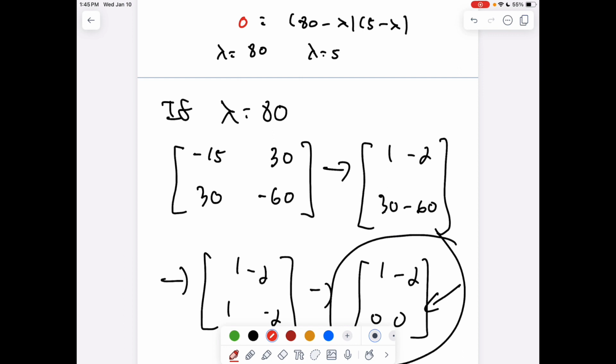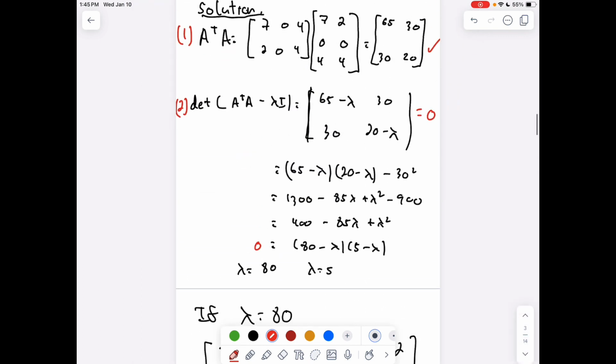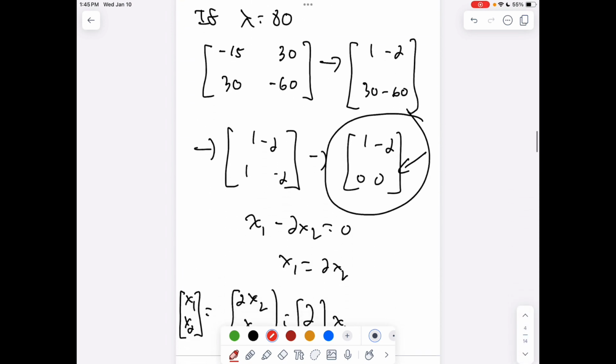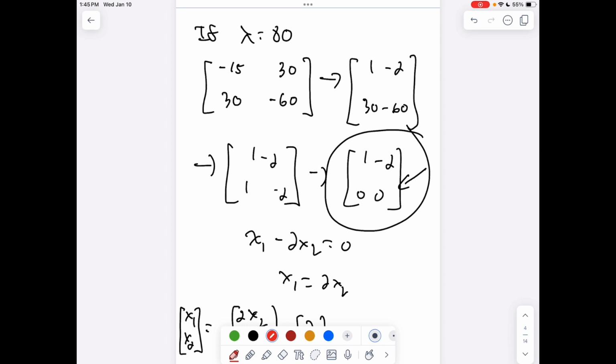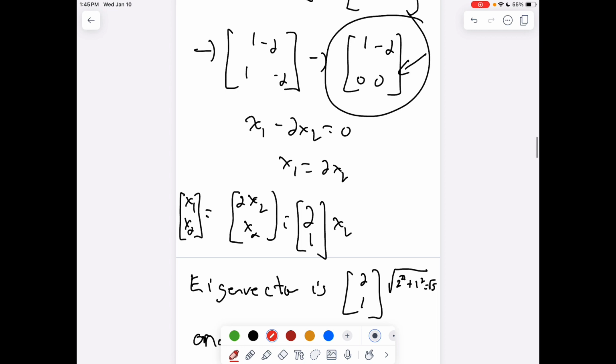What we're going to do now is find the eigenspaces for each of these eigenvalues. If lambda equals 80, you plug it back into this expression, but as a matrix. You row reduce, and your eigenvector comes out to be (2, 1).